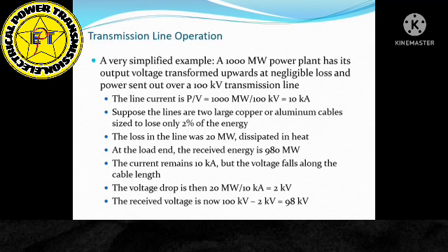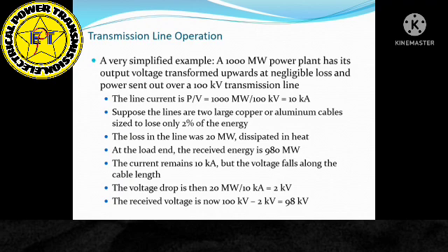You know that P equals VI. If we consider the power factor as unity, then the line current is P upon V. So 1000 megawatt divided by 100 kV equals 10 kiloampere. This is the line current of this transmission line.